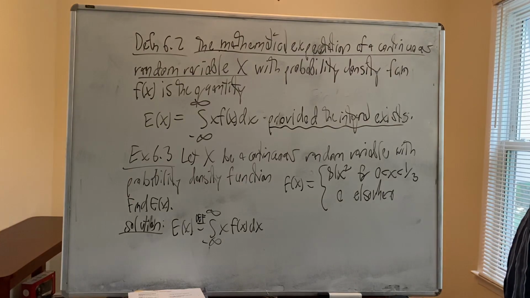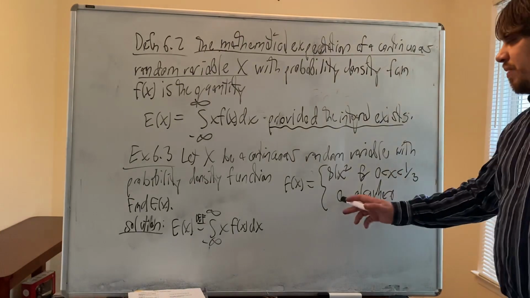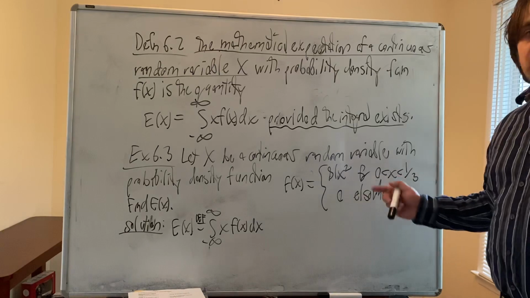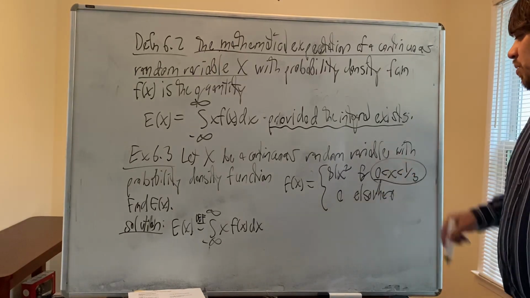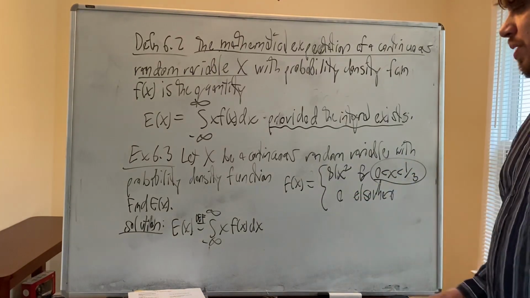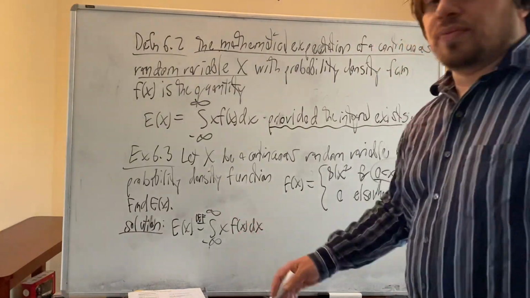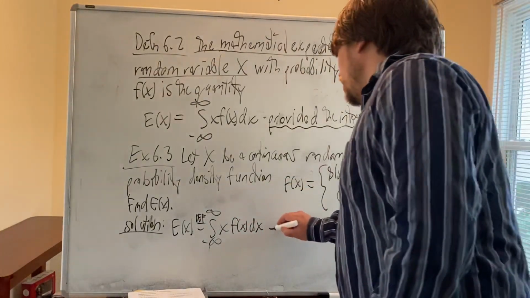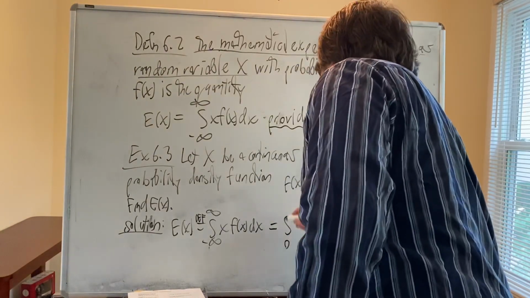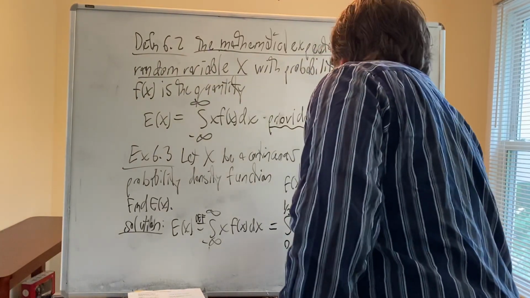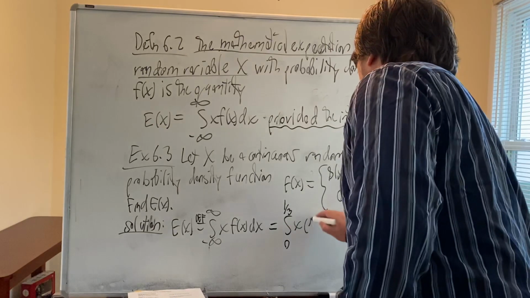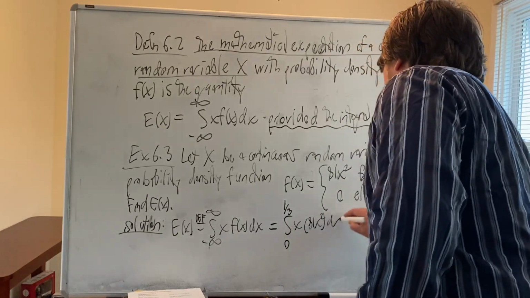Now little f of x is 0 everywhere outside this interval. So if f of x is 0 everywhere outside of that interval, the integral is 0 everywhere else. So this is equal to the integral from only 0 to 1/3 of x times f of x, which is 81x squared there, dx.